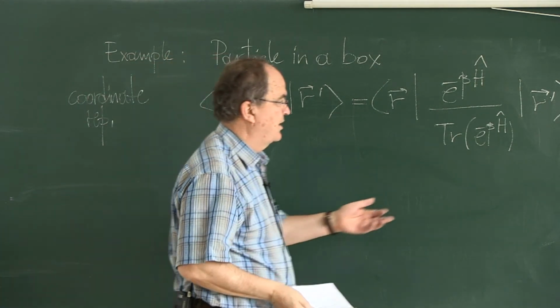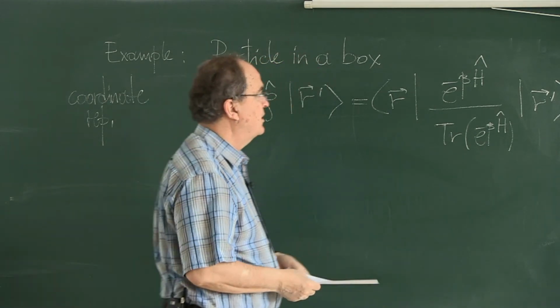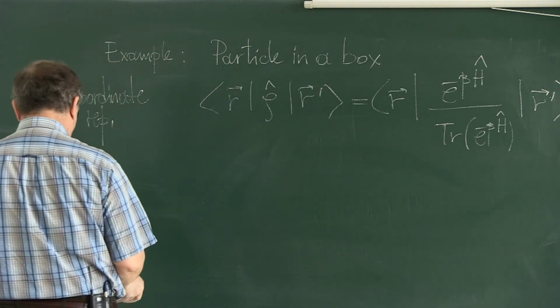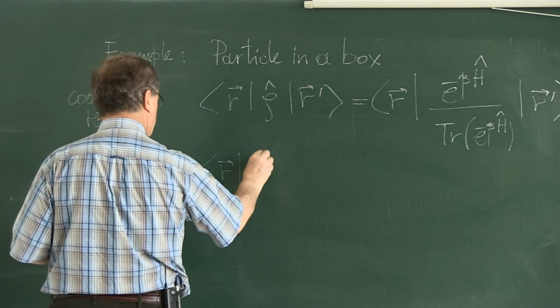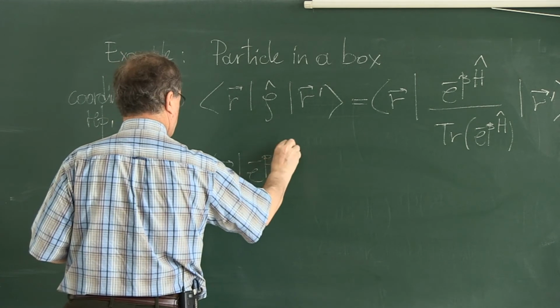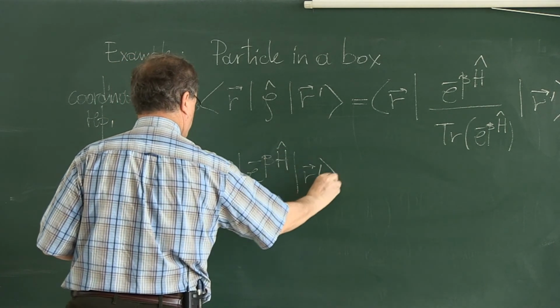Well, since that is a number, the operator is up in the numerator, so it is R e to the minus beta h R prime.